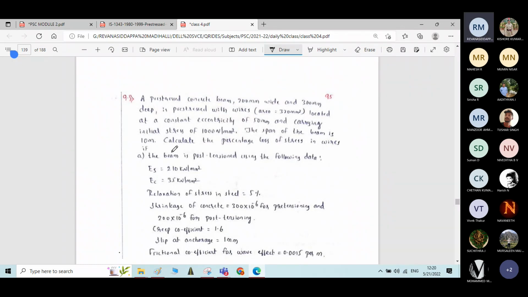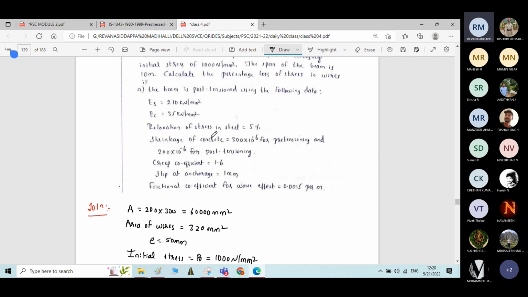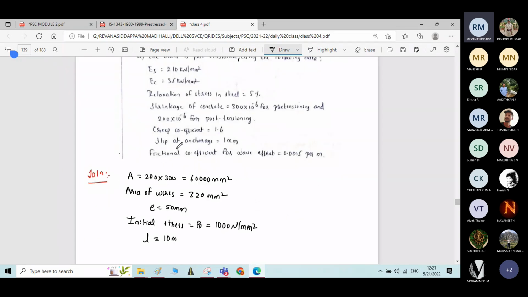Calculate the percentage loss of stress in wires if the beam is post-tensioned using the following data. Here we add one more thing: the beam is post-tensioned, and also pre-tensioned. He has given the values with respect to post-tensioning as well as pre-tensioning. Young's modulus of steel and concrete is given, relaxation of stress in steel, shrinkage coefficient, creep coefficient.